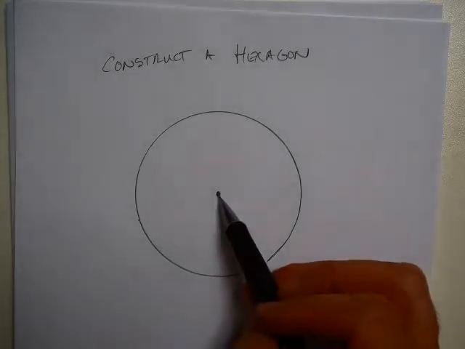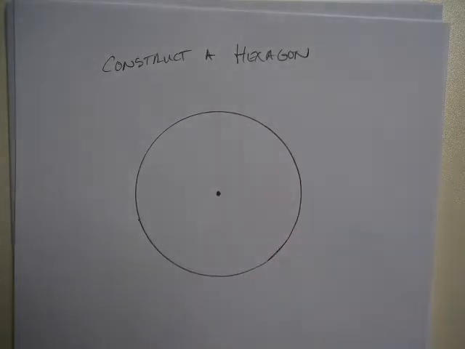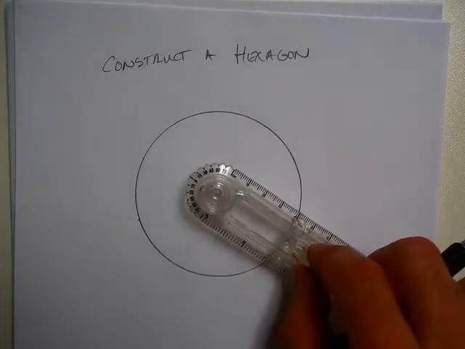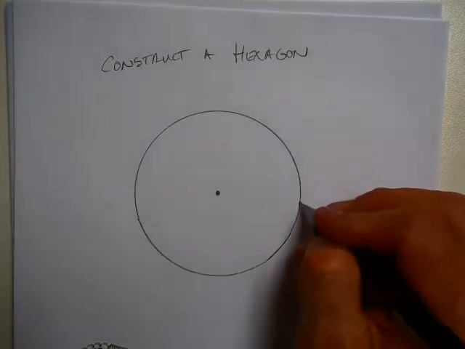What do we call the distance from the center of the circle to anywhere on the outer edge? A radius, right. I think of it as a spoke to a wheel, but it's a radius. And our tool should be adjusted for exactly that, a radius. Now, pick a spot on the circle, anywhere. Make a mark.